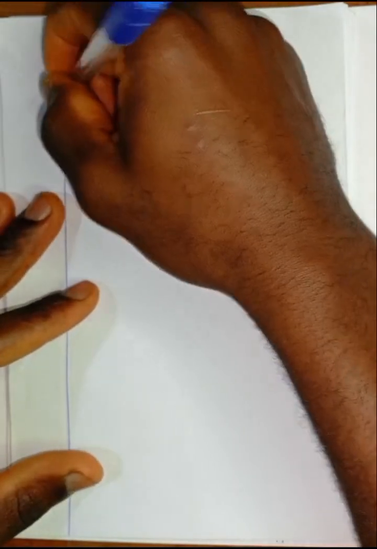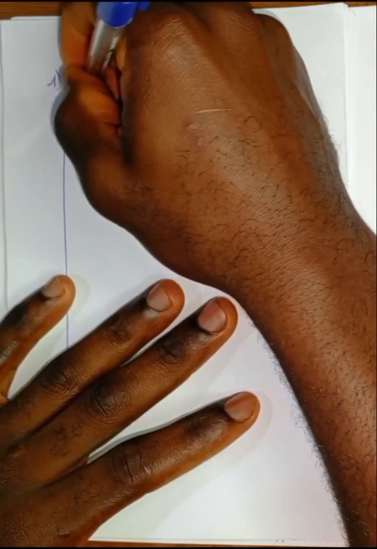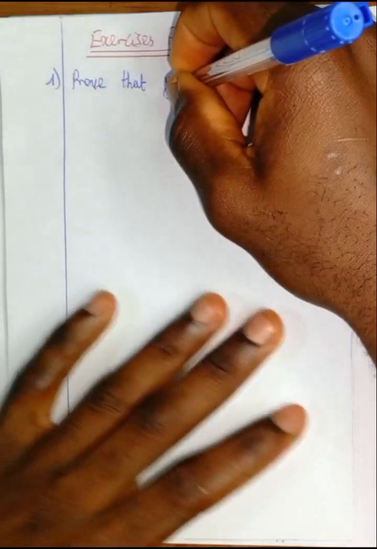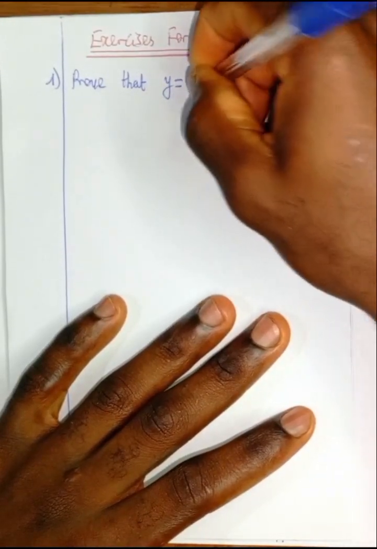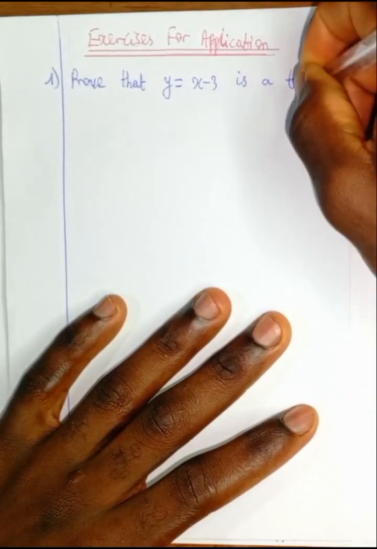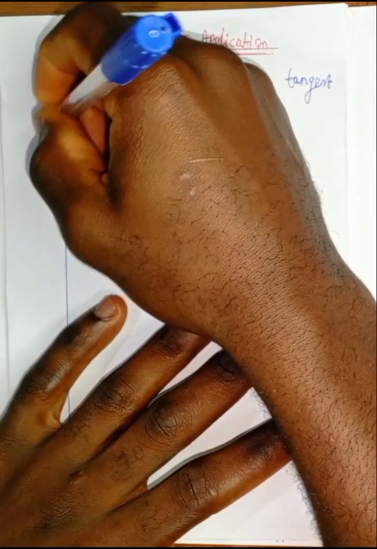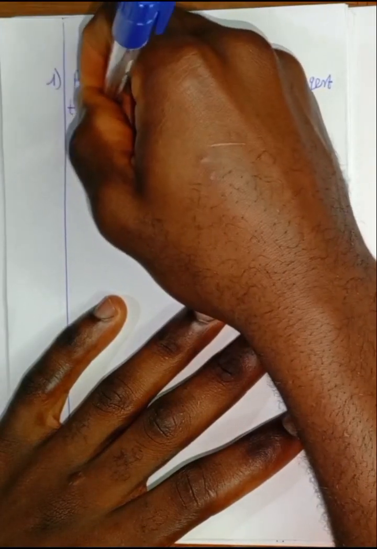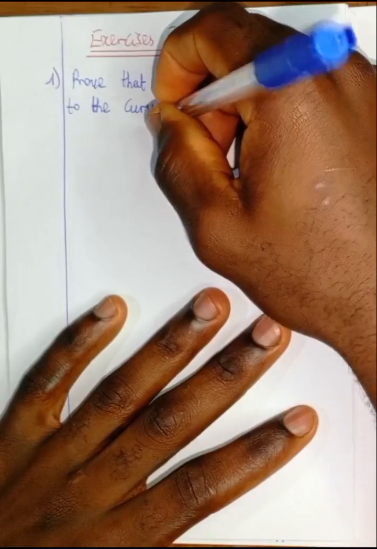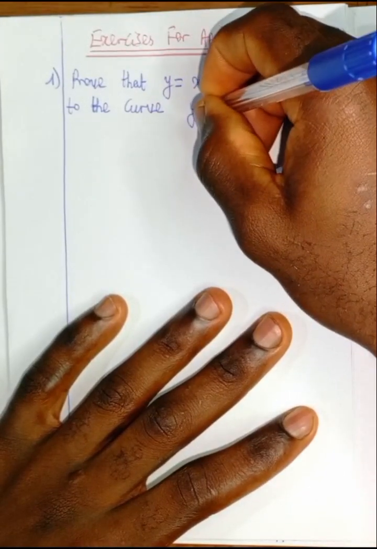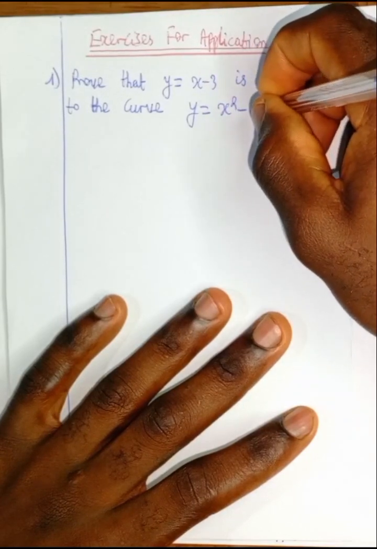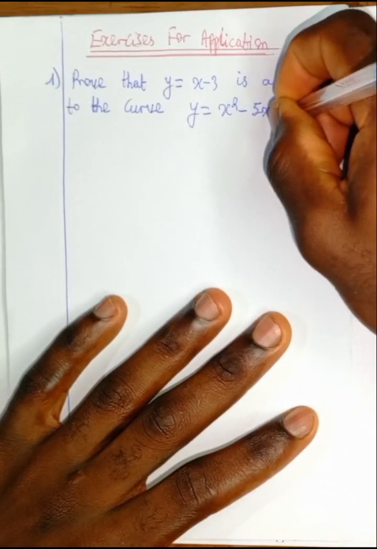Question 1 says, prove that y equal to x minus 3 is a tangent to the curve y equal to x squared minus 5x plus 6.